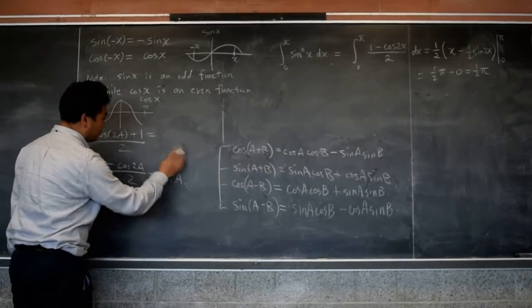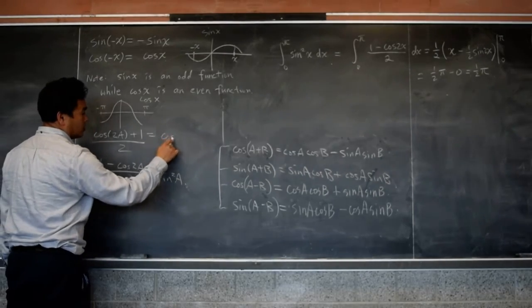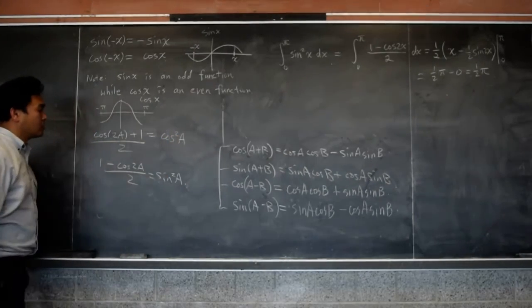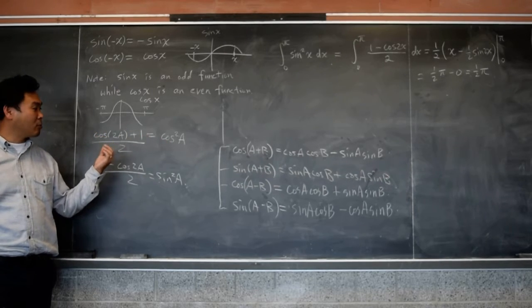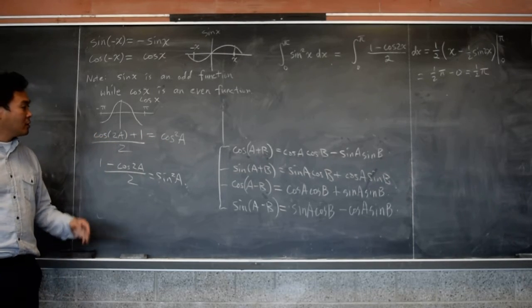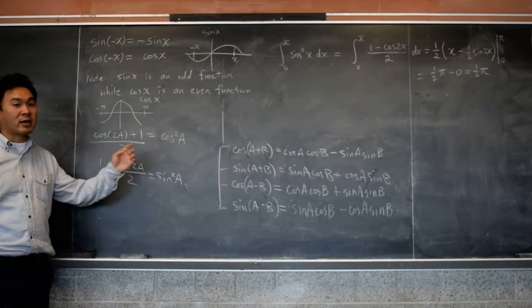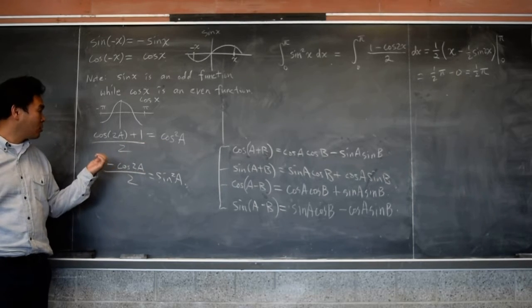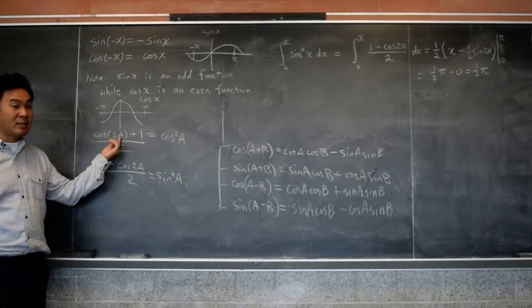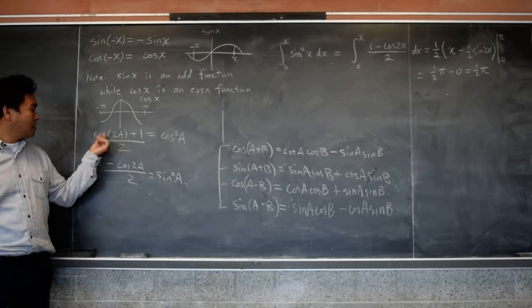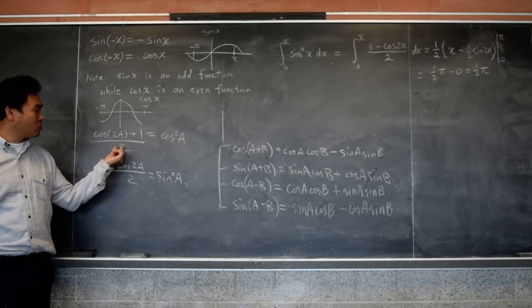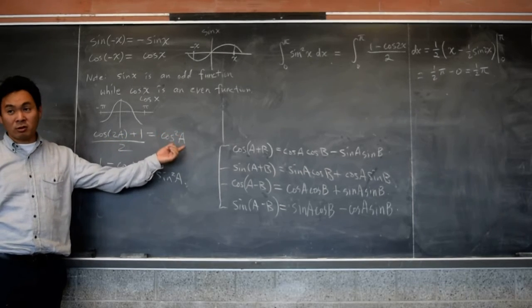You also have this, which is actually called the half angle formula, because traditionally this formula was used to find the cosine of a half angle. So if a was 15 degrees, that's half of 30 degrees. So you let a be 15, and your cosine of 30 degrees plus 1 over 2 is cosine squared of 15 degrees.